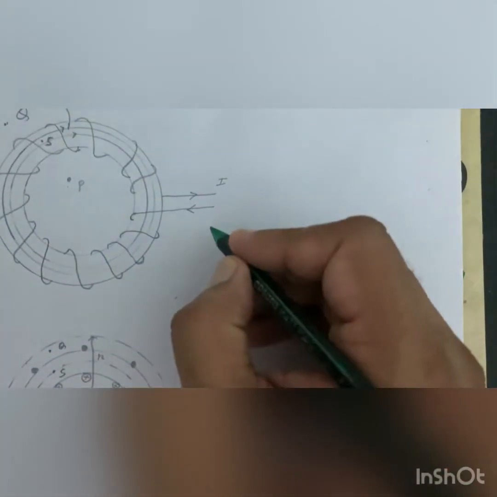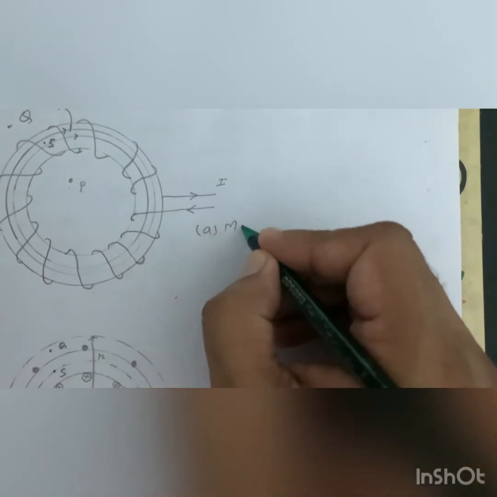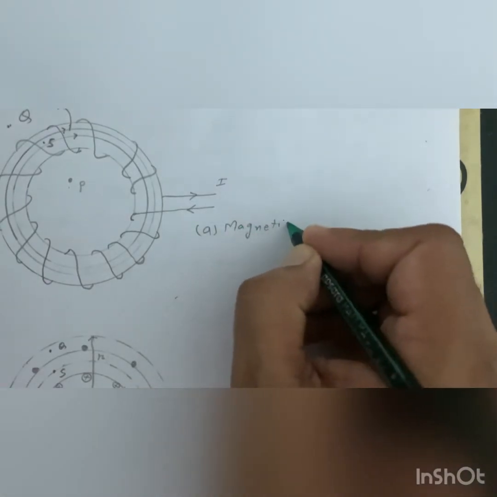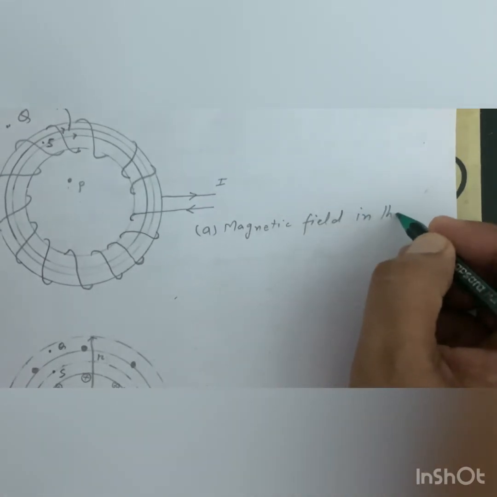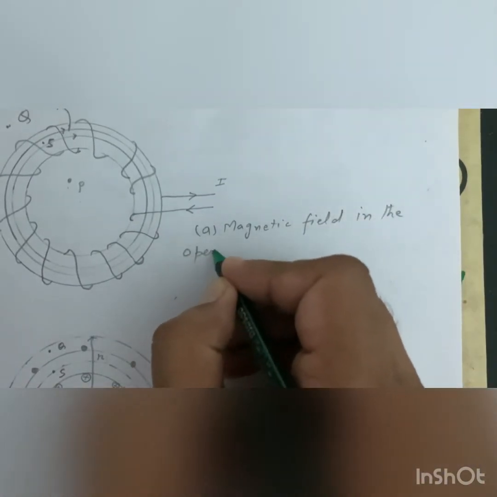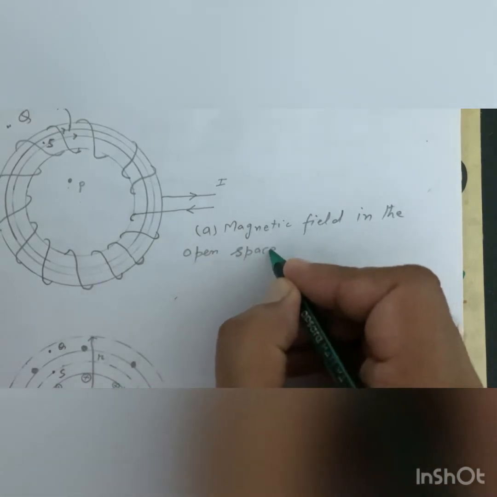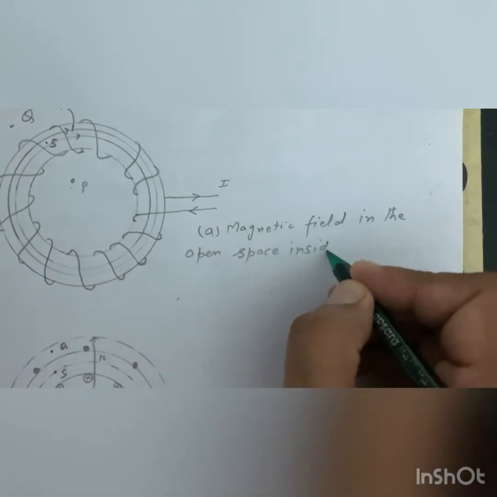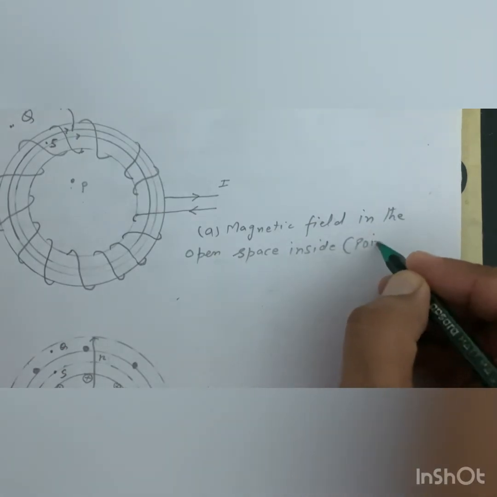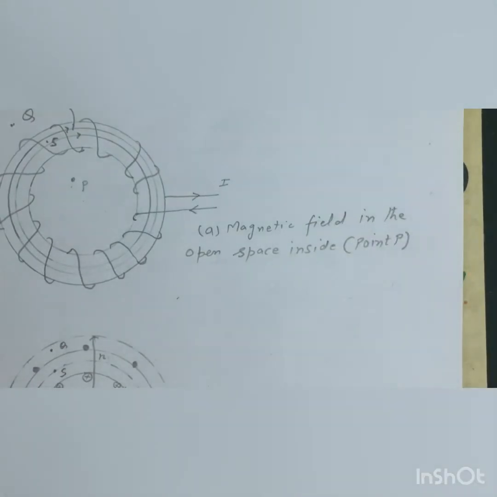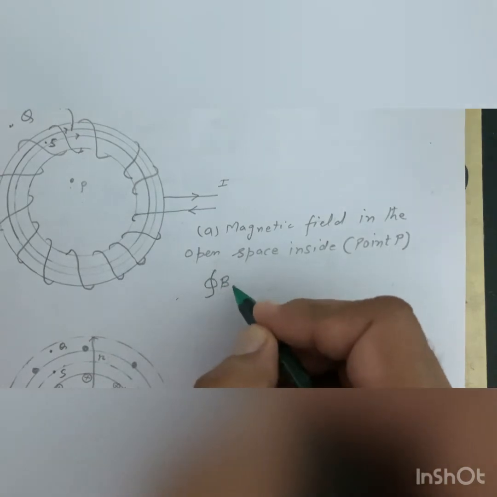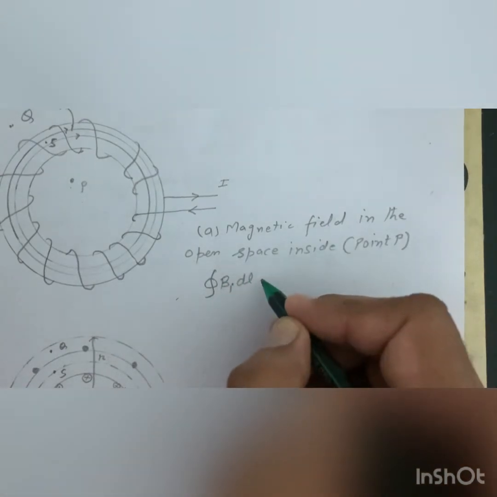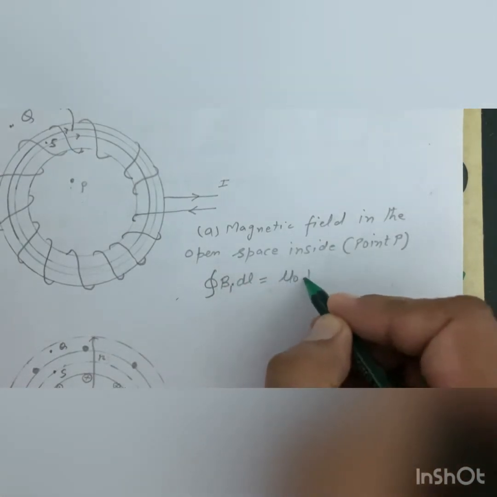First case is the magnetic field in the open space inside, at point P. Now we apply Ampere's circuital law: closed integral of B1 dot dl equals mu naught I_E.